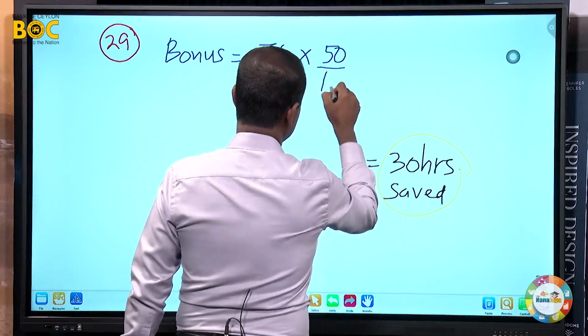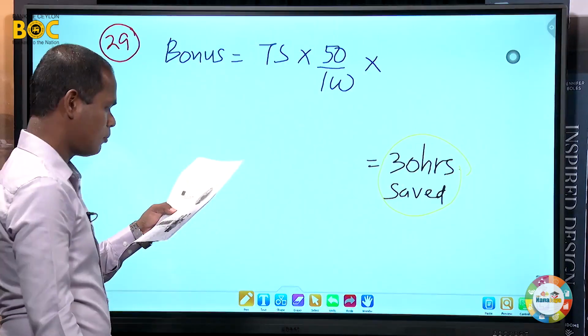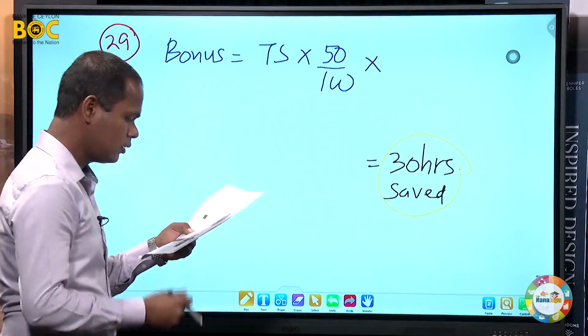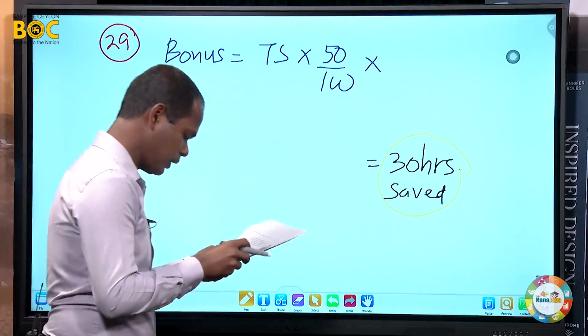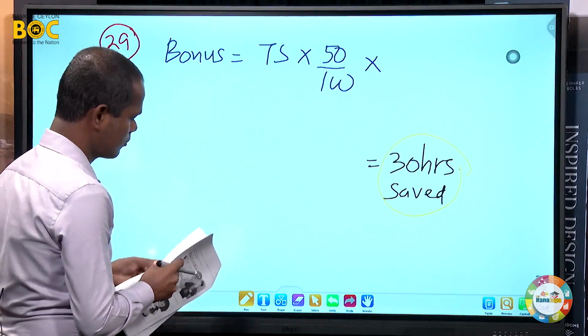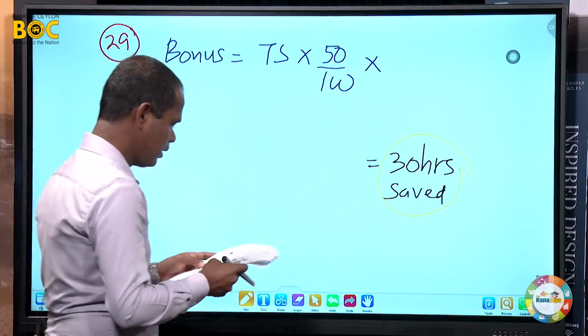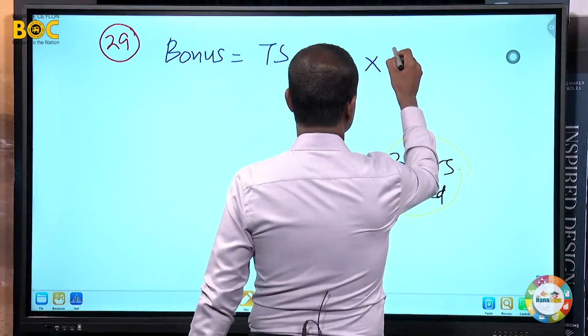50% into hourly rate. What was Mr. Kamal's hourly rate? He's paid 700 rupees. His hourly rate is 700 rupees.